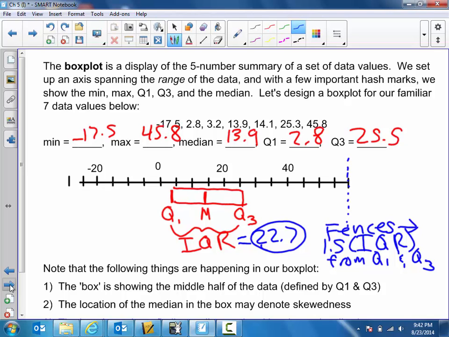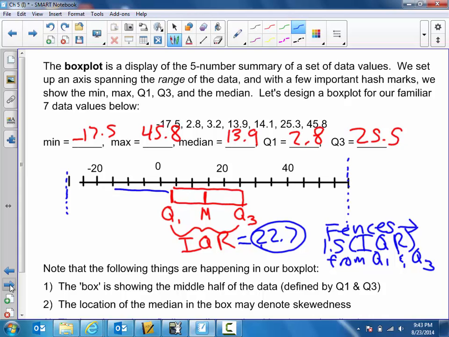So 40, 50 right over here. There's your topmost fence. Now that 1.5 times the IQR, again, we said was 34.5. Subtract 34.5 from quartile 1, and you get about negative 31, I believe. So the bottommost fence would be right over here.